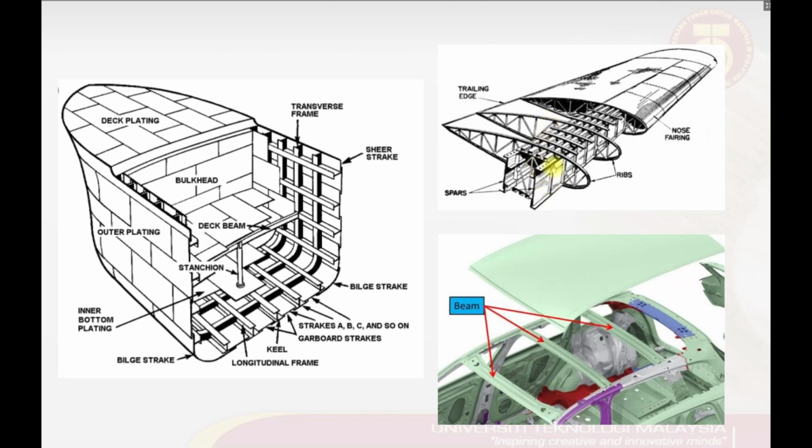This is the wing, and the beam used in the wing construction is called a spar, but it's still a beam. And in automotive construction, there are actually a lot of beams used as well, and this is just one example of a beam used to support the upper part of the car.